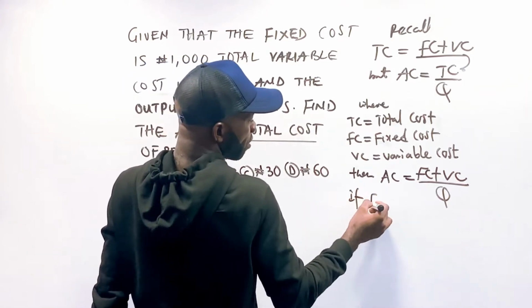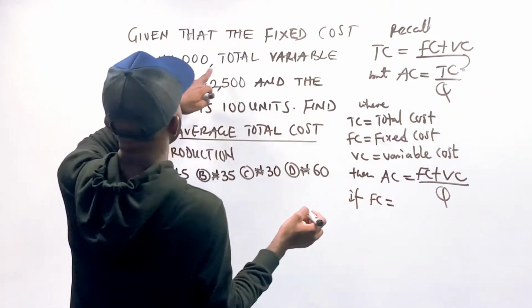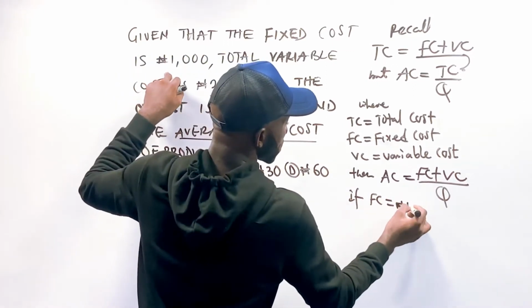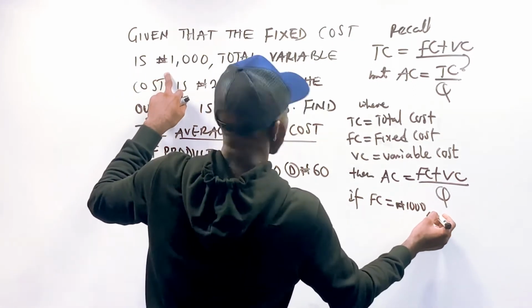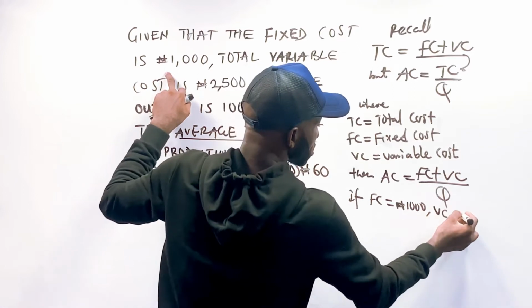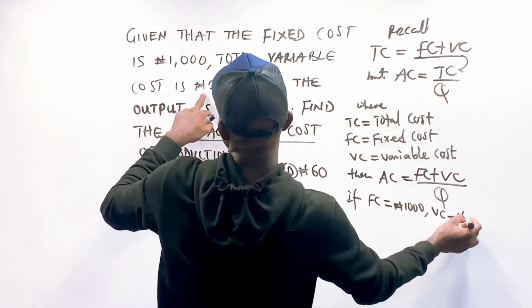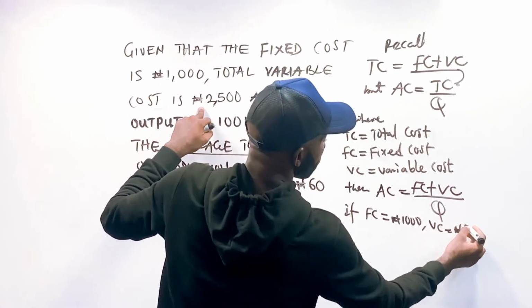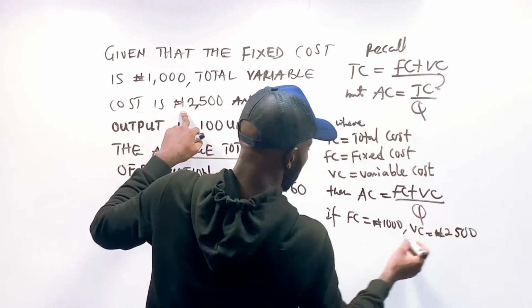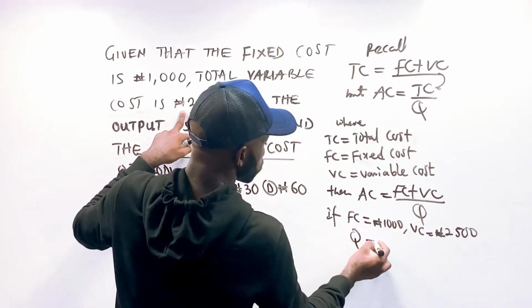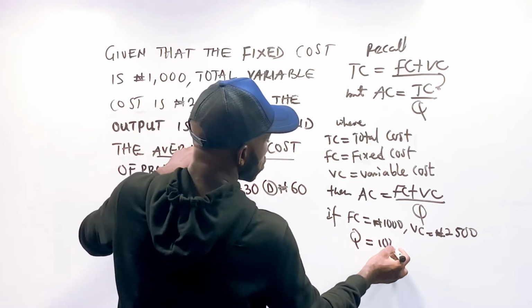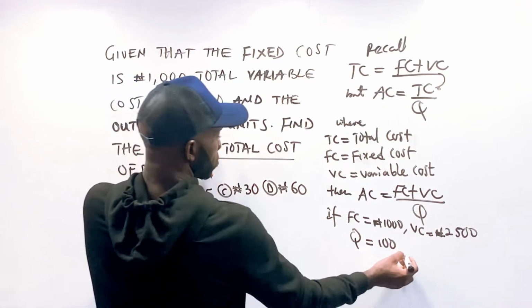If fixed cost is equal to, they said, 1,000 naira, and then variable cost is equal to, what do we have? We have 2,500 naira. And they said output, which is quantity, is equal to 100 units.